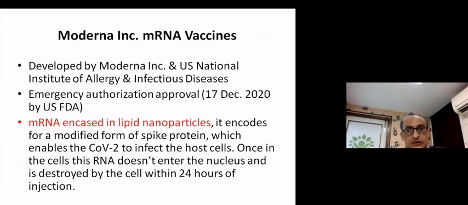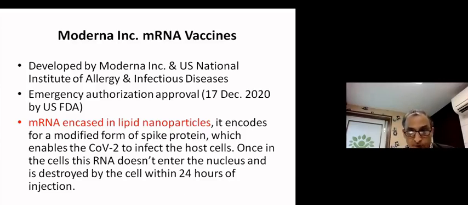Now coming to the Moderna vaccine. This is a promising vaccine which was developed very early in the epidemic, way back in March and April in the USA. One of the companies, Moderna TX, collaborated with the National Institute of Allergy and Infectious Diseases, an NIH institute in the US, where they formed a unique vaccine.